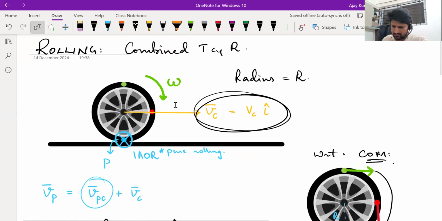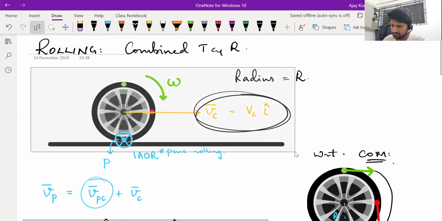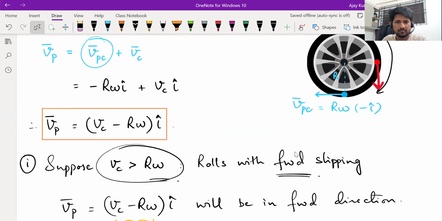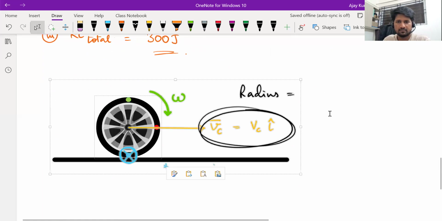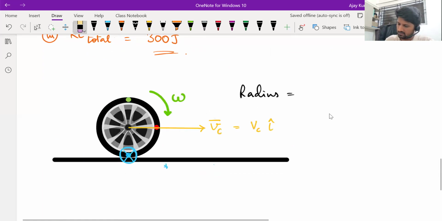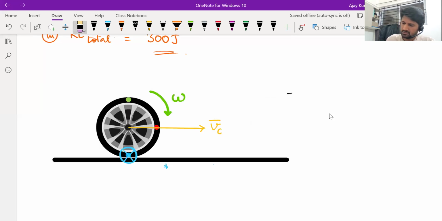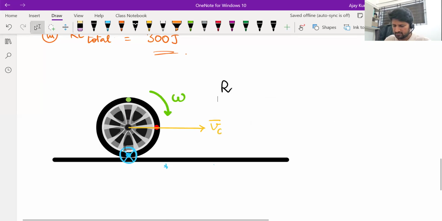Next, let's use this picture. Assume this is an object of radius r. Center of mass is moving with a speed vc. And angular velocity is omega. It's in pure rolling.